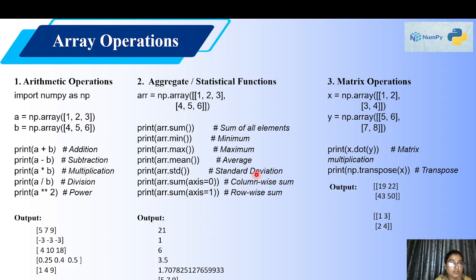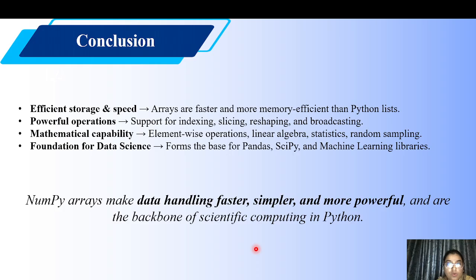I have not done addition and subtraction, or minimum, maximum, standard deviation. You can practice this on your own. Just explore these functions and see how it is all done.